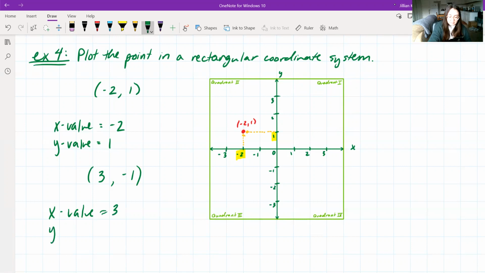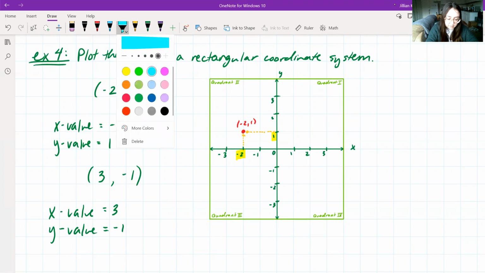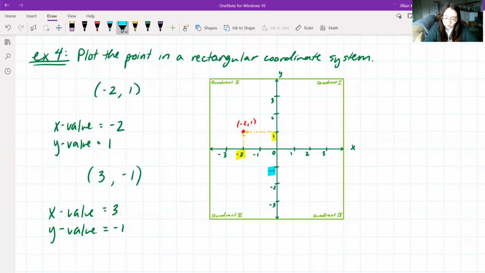And our y value is going to be -1. So we can do the same thing. Let's start with our y value. Our y value is -1. We'll use a different color. Our y value is -1, and our x value is +3. Beginning with our y value, we just want to track out until we reach our correct x value, which is +3.